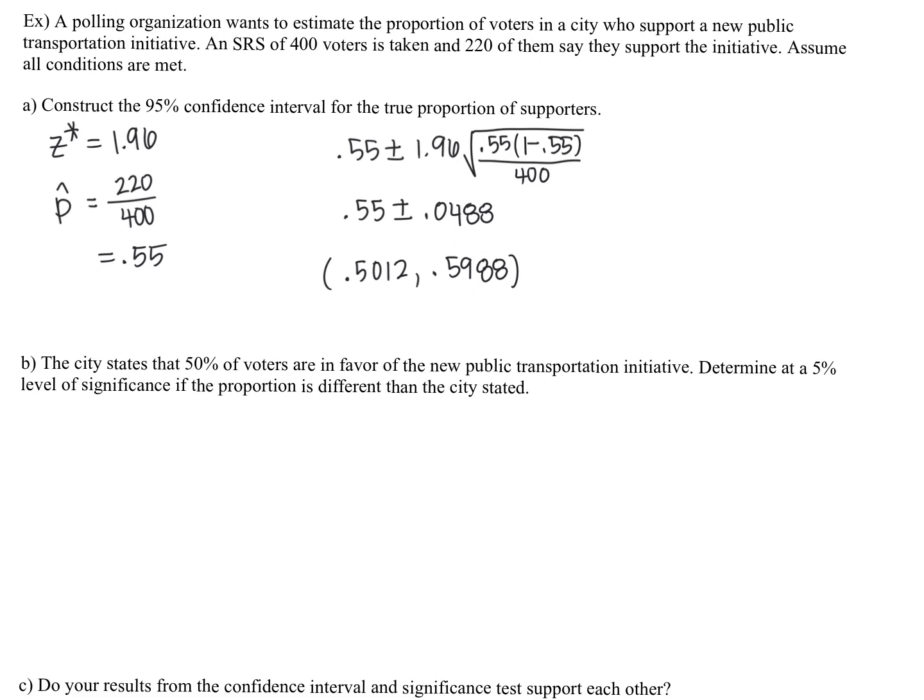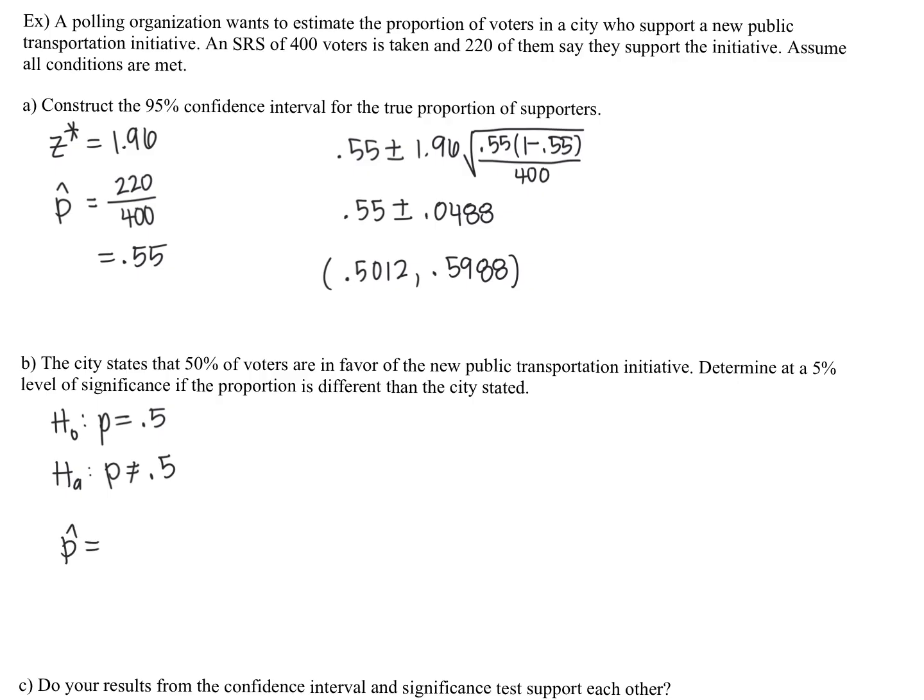So for my hypothesis test, say the city states 50% of voters are in favor of the new public transportation initiative, and we use our 5% level of significance, we can determine if the proportion is different than the city stated. So our null hypothesis would be that P equals 0.5, and our alternative would be that P does not equal 0.5.